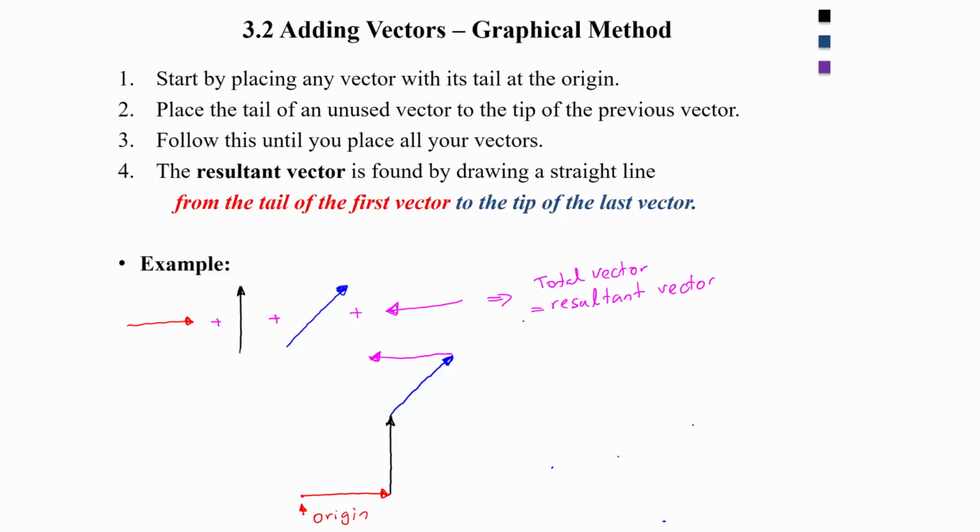When I am done with all of those things, the resultant vector will be from the tail of the first vector, which is right here, to the tip of the last vector, which is right here. So this will give you my resultant. This is the total vector.